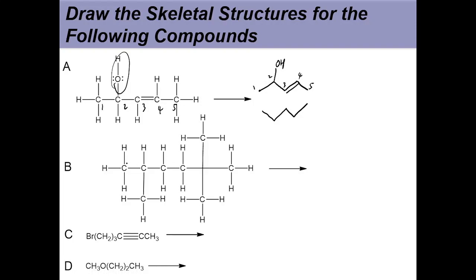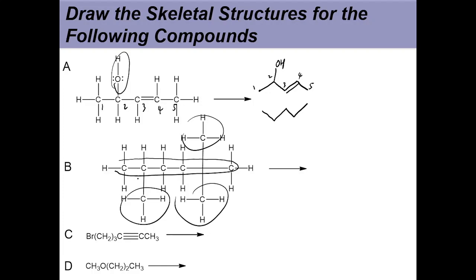The next one, the main chain will be this. And you will find some other attachments or side chains on the main chain. The main chain is a 5 carbon chain again. 1, 2, 3, 4, 5. Now, this is actually a 6 carbon chain. I missed this carbon.